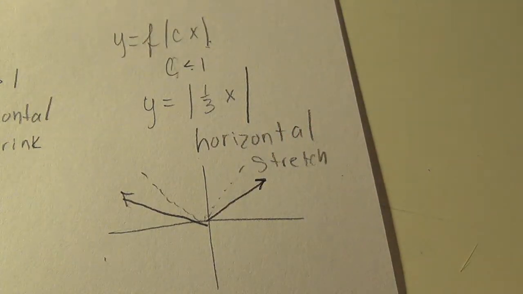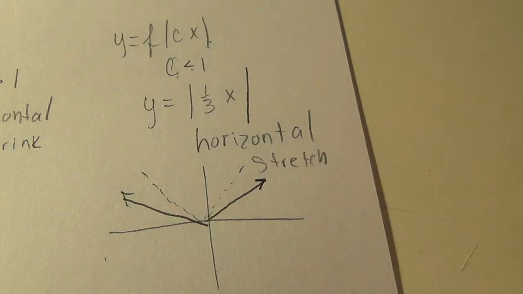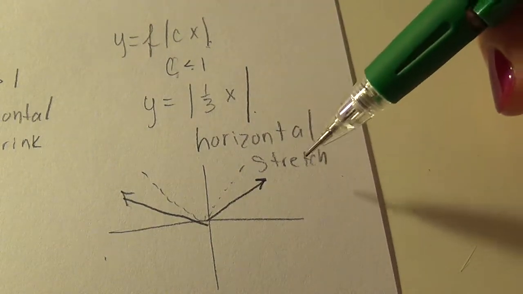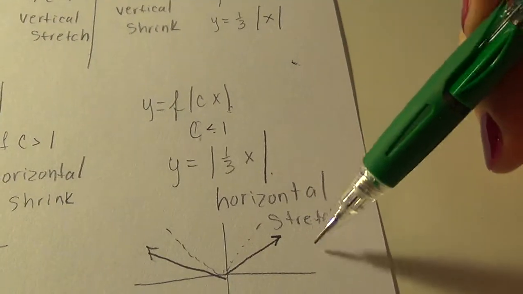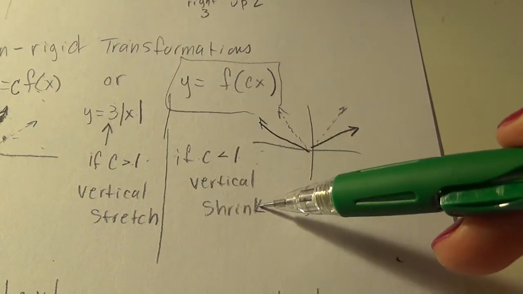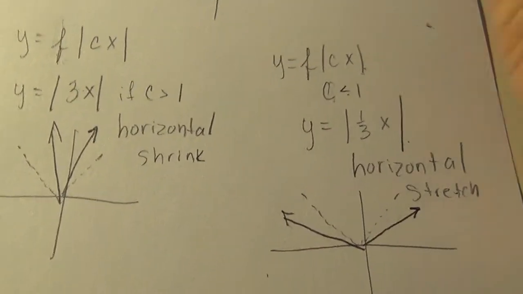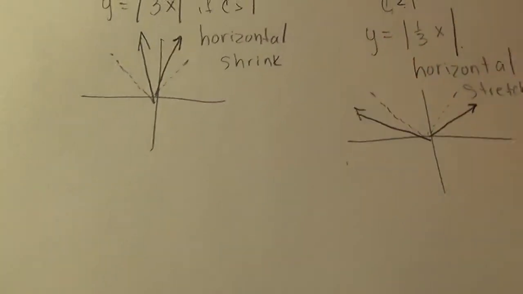Alright, when that happens, you can see then that a horizontal stretch is the same as a vertical shrink. So how many people in the world know that?